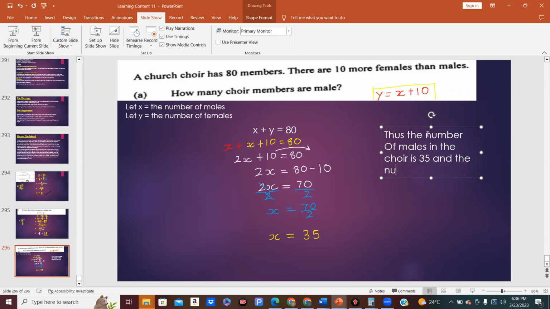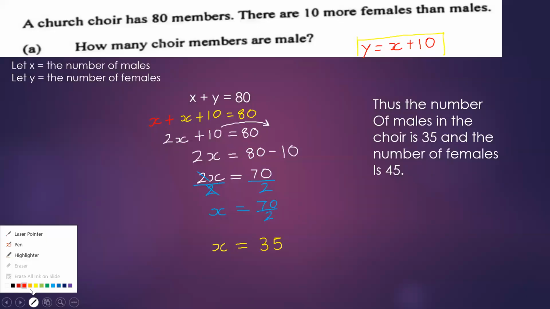And the number of females is what? 45. And we know that 45 plus 35 is 80.